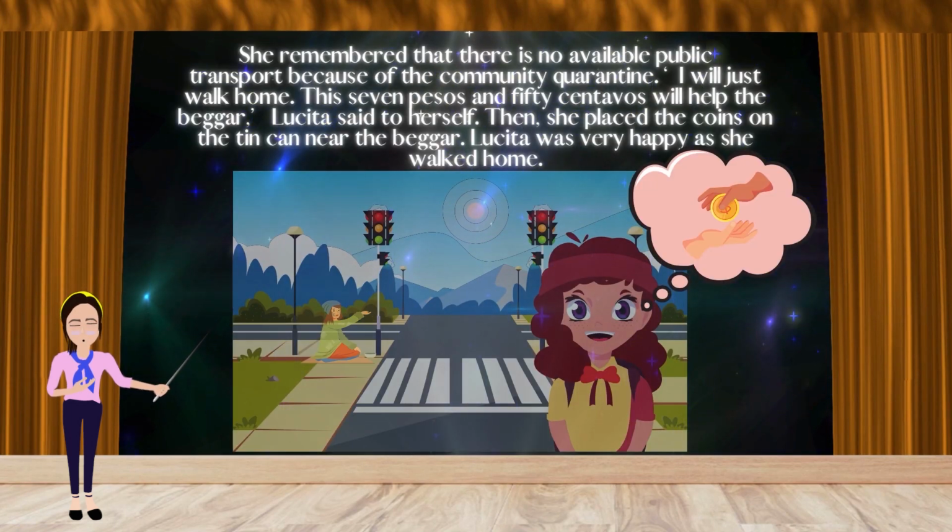She remembered that there is no available public transport because of the community quarantine. I will just walk home. These 7 pesos and 50 centavos will help the beggar, Lucita said to herself. Then, she placed the coin on the tin can near the beggar. Lucita was very happy as she walked home.